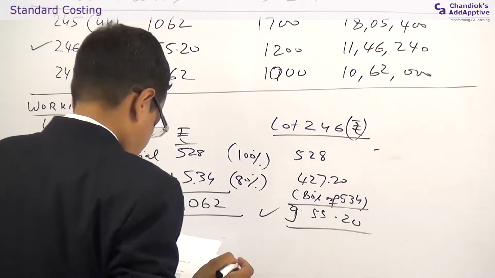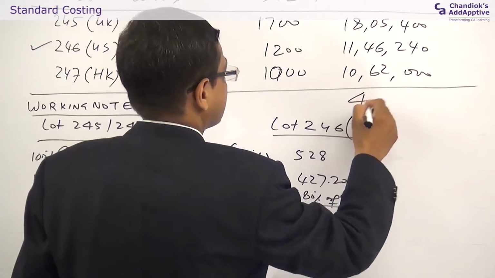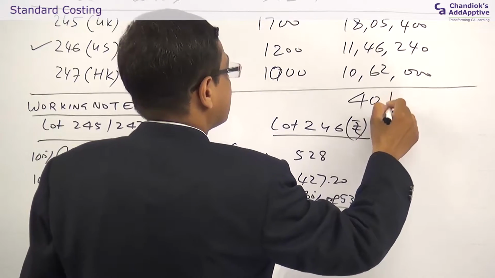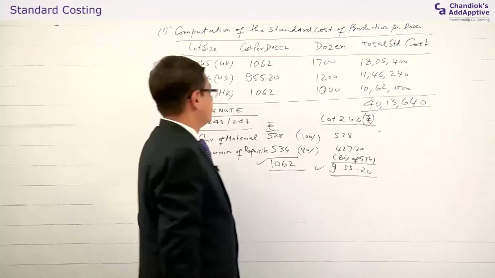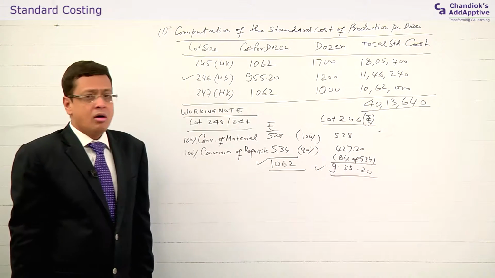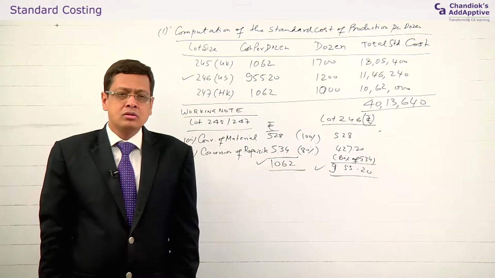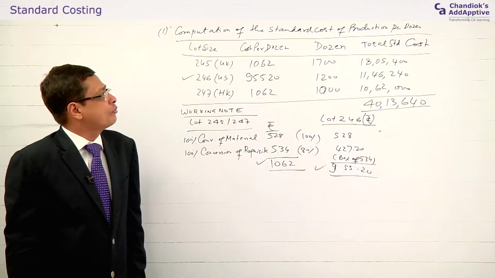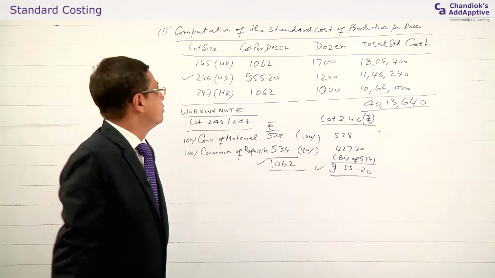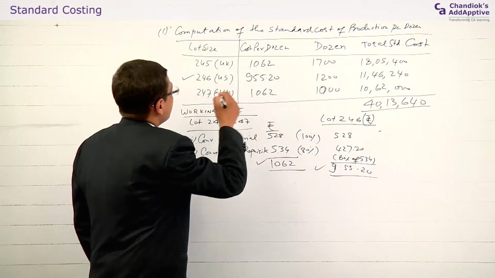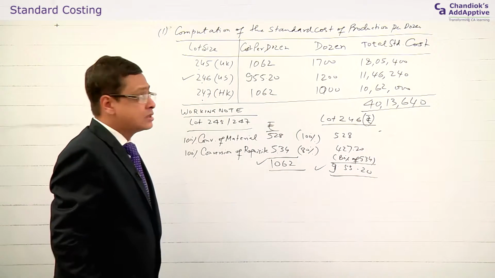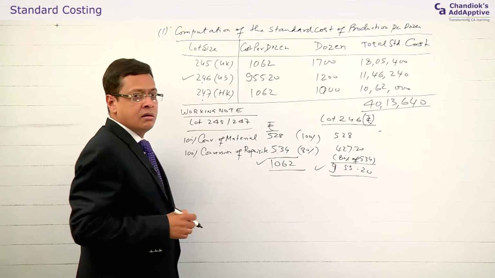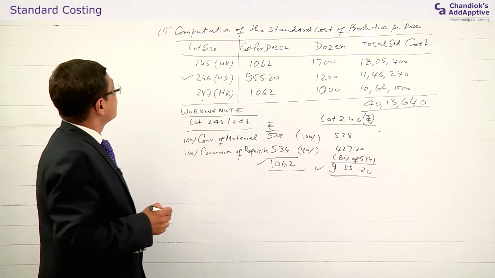So, if you add all this, it becomes 40 lakh 13,640. So, this is the value which is coming, which shows standard cost of production for the 3 orders 245, 246, 247. This tells you what is the standard cost of production.